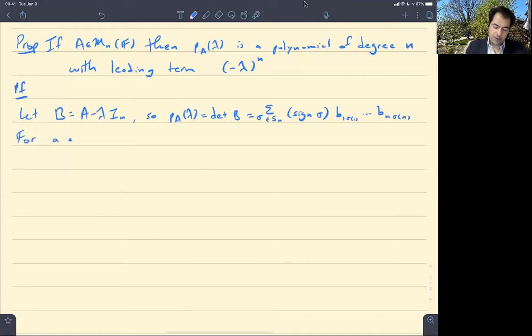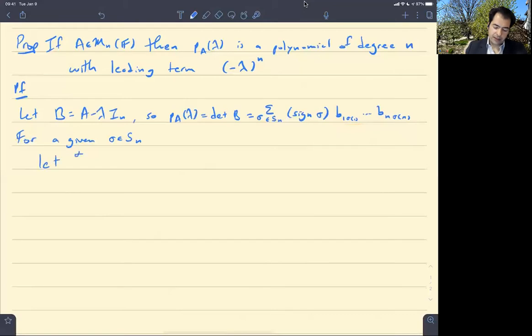Now, for a given sigma in S_n, if we're looking at one of these terms, and we're interested in the characteristic polynomial as a polynomial in lambda, then we want to know how many lambdas are showing up here. The lambdas are on the diagonal of this matrix, so we want to know how many of these terms are coming from the diagonal.